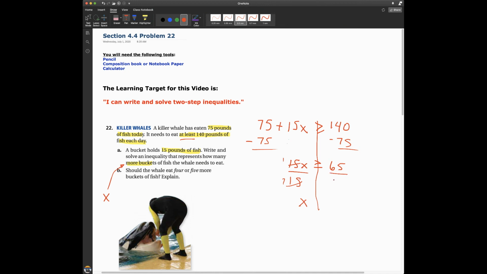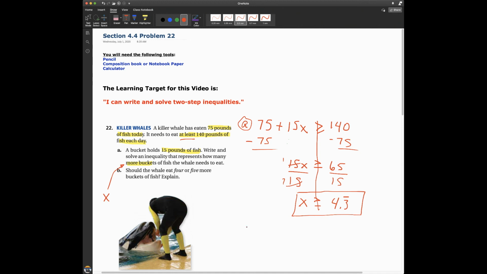I'm dividing by a positive number, so x has to be greater than or equal to 65 divided by 15, and I get 4.3 repeating buckets. Part A was to write and solve this inequality, so I figured out how many more buckets of fish the whale needs.